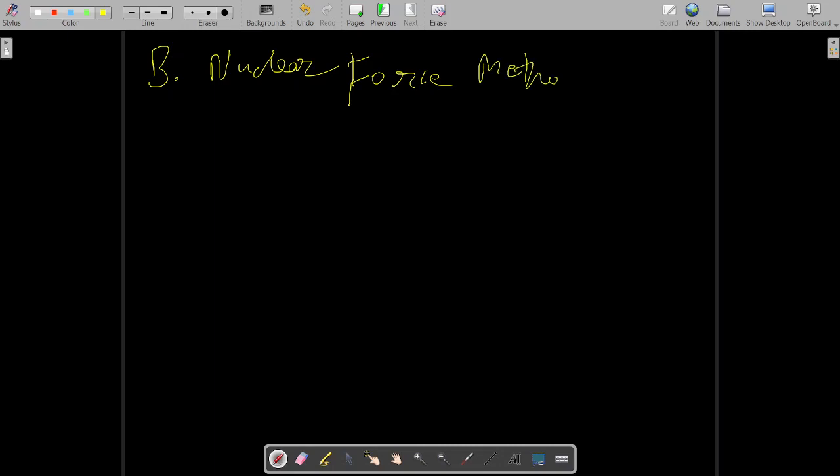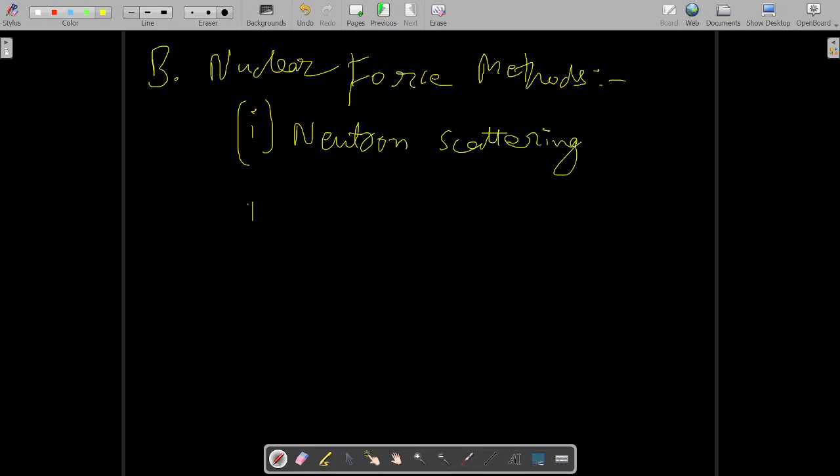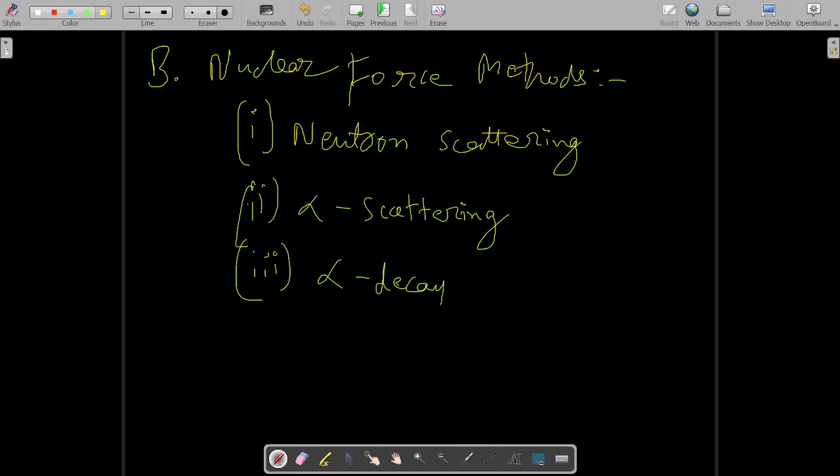Amongst the nuclear force methods we have neutron scattering, then alpha scattering, then alpha decay, and this alpha decay we study in quantum mechanics.